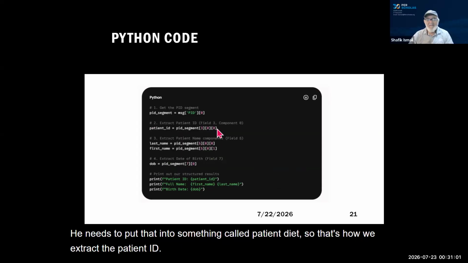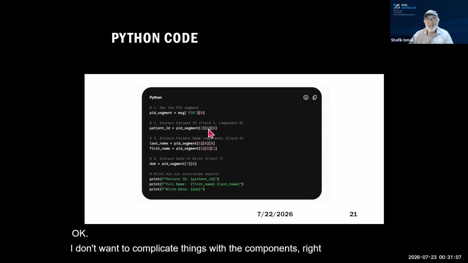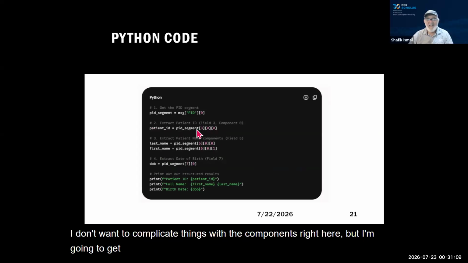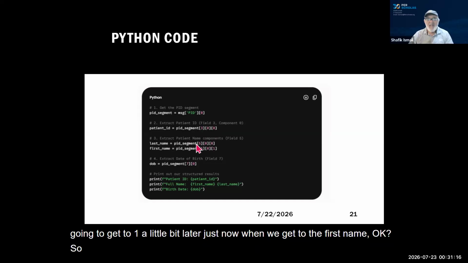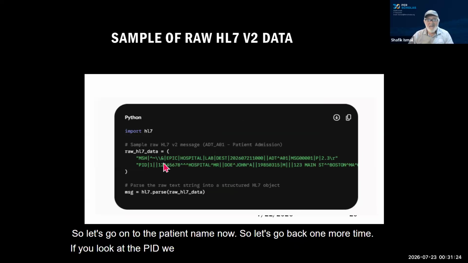Okay? I don't want to complicate things with the components right here, but I'm going to get to one a little bit later, when we get to the first name. So let's go on to the patient name now. Let's go back one more time. If you look at the PID, we know that is the patient ID, but where is the patient's name?